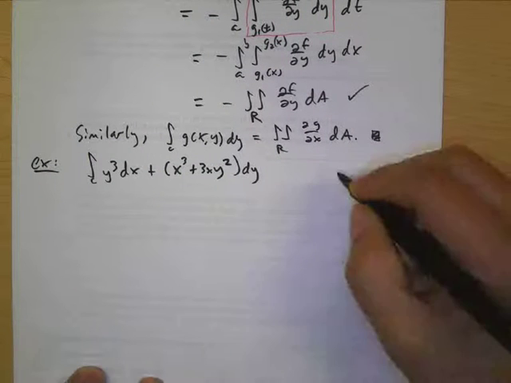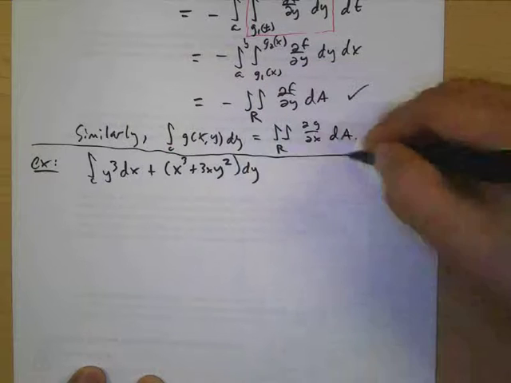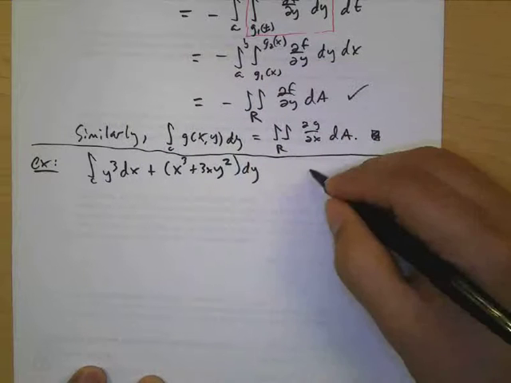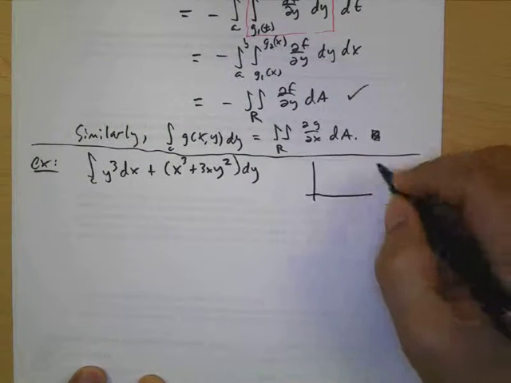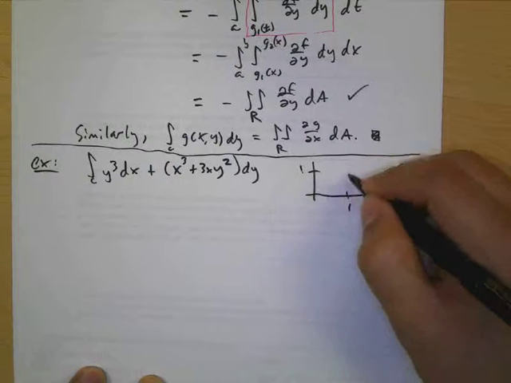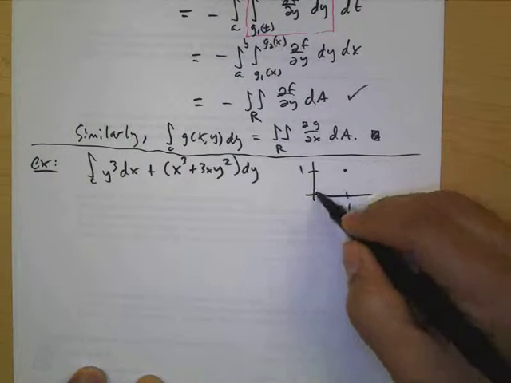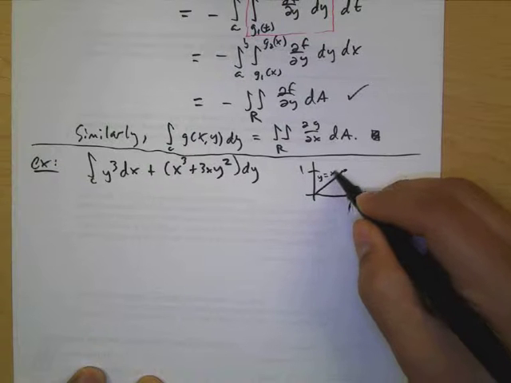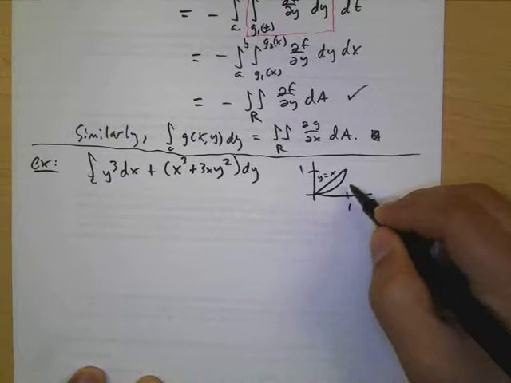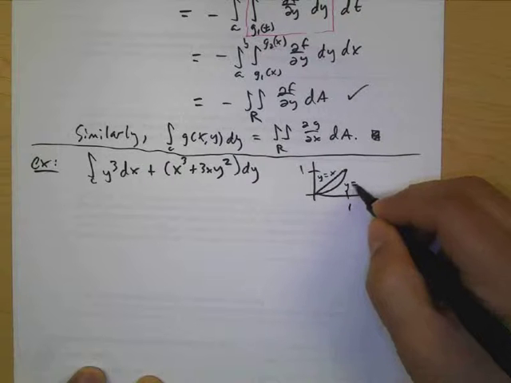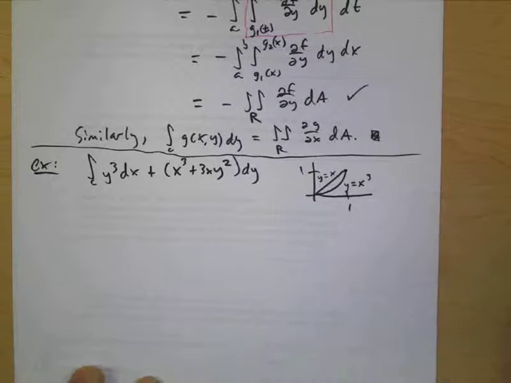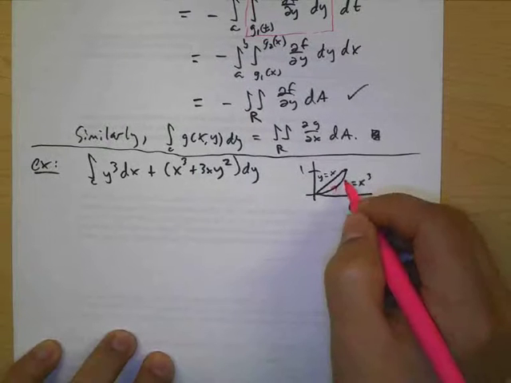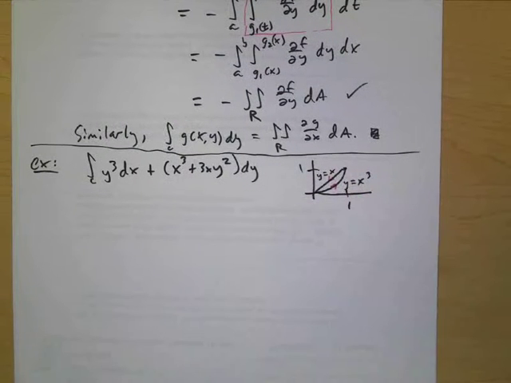And let's say here's our path. Y equals x will be the top part. And let's say this is y equals x cubed. And let's say the orientation is counterclockwise. So this is C.